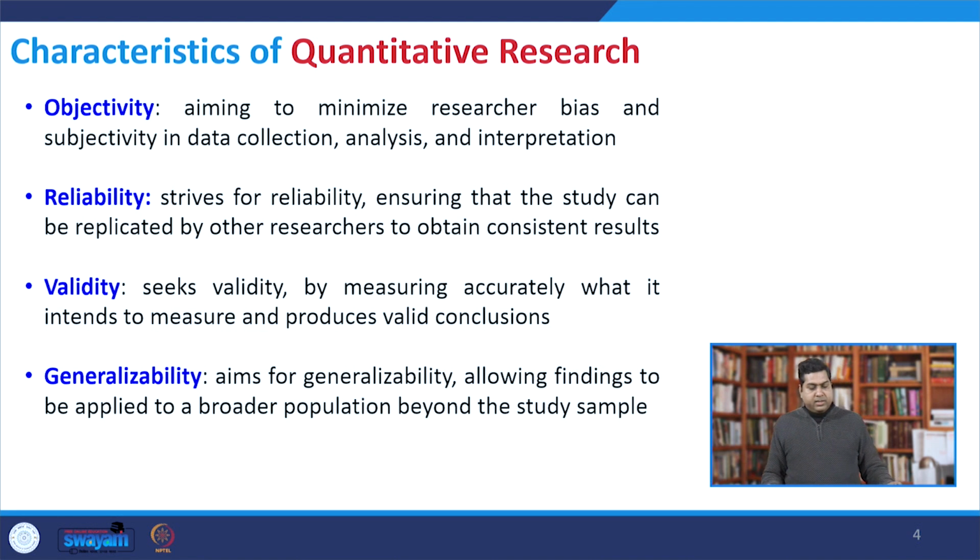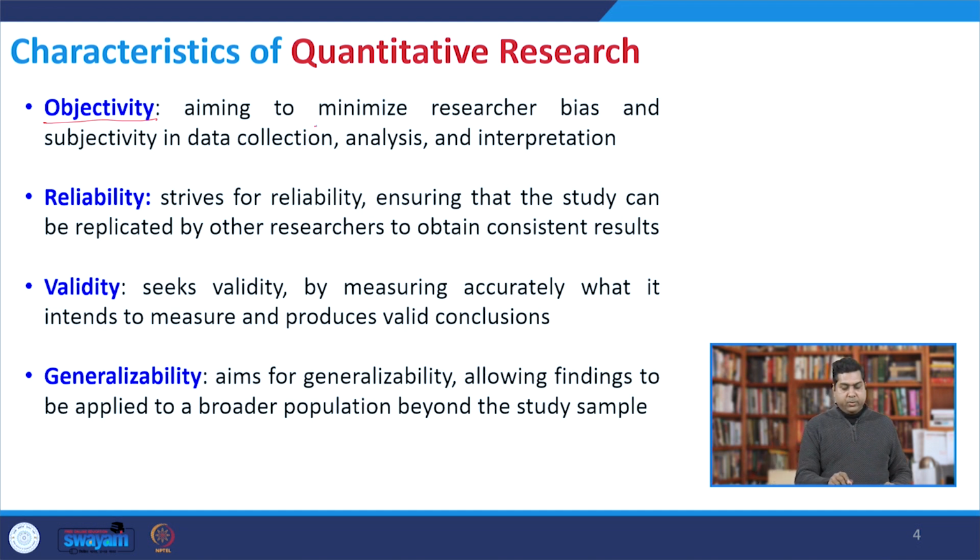Coming to the characteristics of quantitative research, if we discuss it in the broad category, the first one is objectivity. Whenever you are measuring something, there is no subjectivity, unlike a qualitative approach.